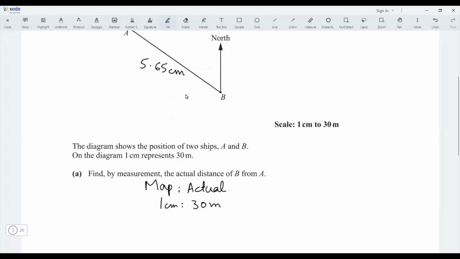On the map we have 5.65 centimeters and we have to find the actual. So this is basically a direct proportion question. We can cross multiply. 1 times x will be x equals 30 times 5.65. If we multiply them correctly, we will have the correct answer.